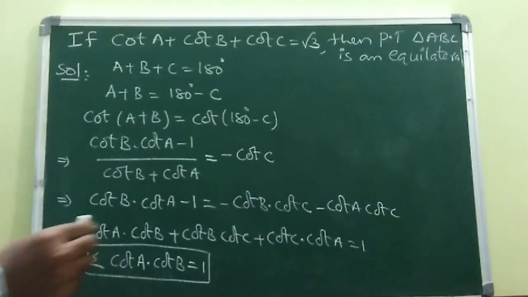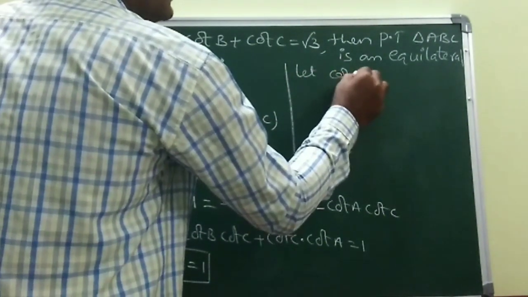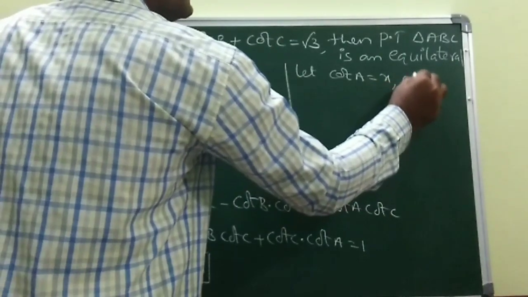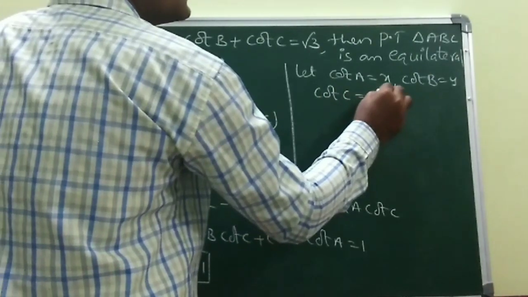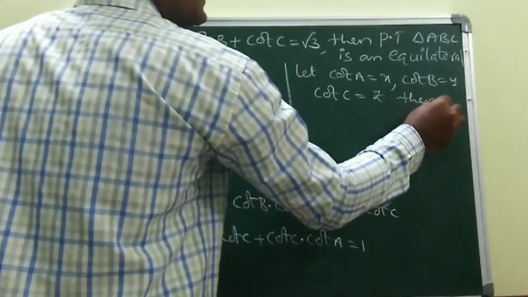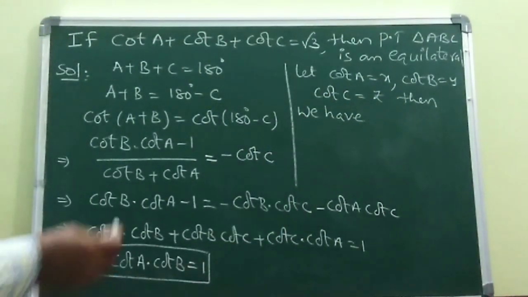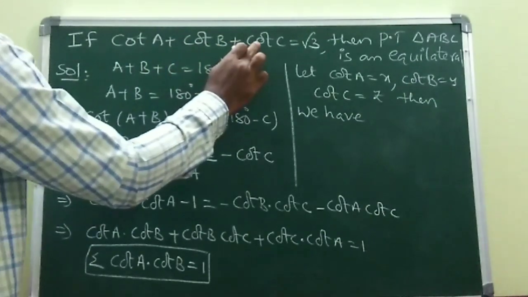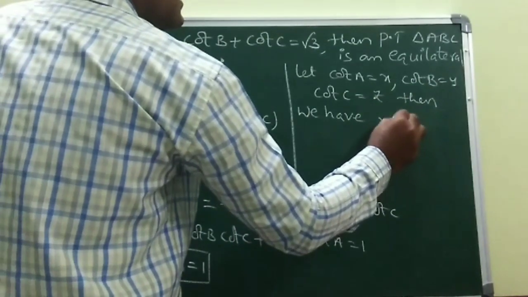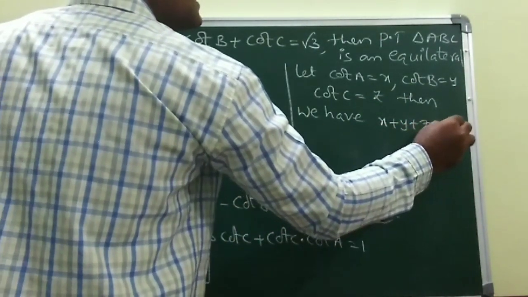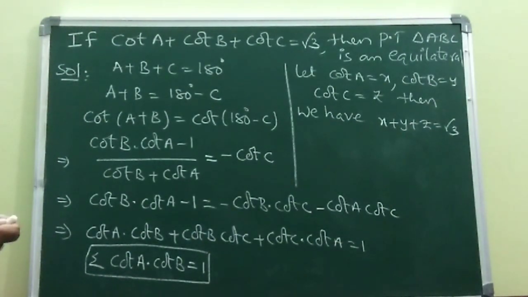Right? So for some time, let us assume cot A is equal to X, cot B is equal to Y, and cot C is equal to Z. Then cot A plus cot B plus cot C, according to this, I considered X, Y, Z, hence I can say that X plus Y plus Z is equal to root 3.